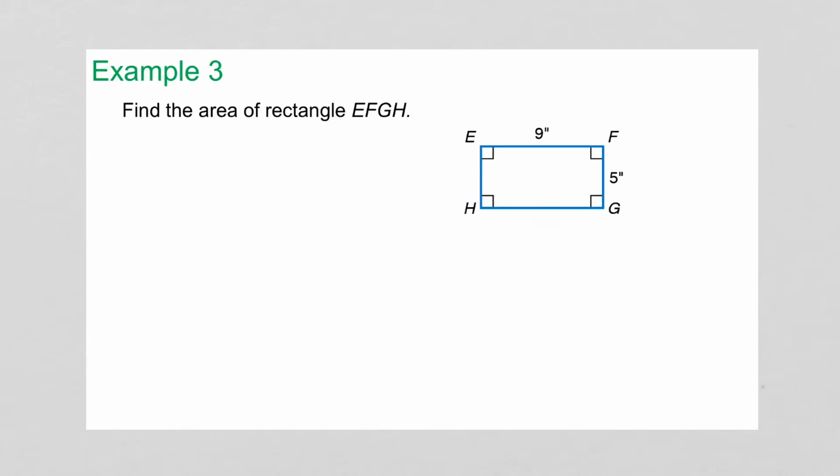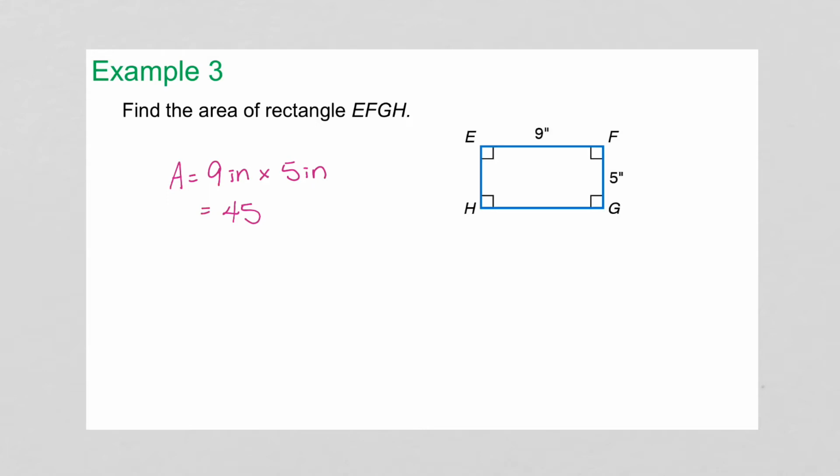Find the area of this rectangle. Well, we'll call the area A, and we'll just take the length times the width. The length is 9 inches and the width is 5 inches.